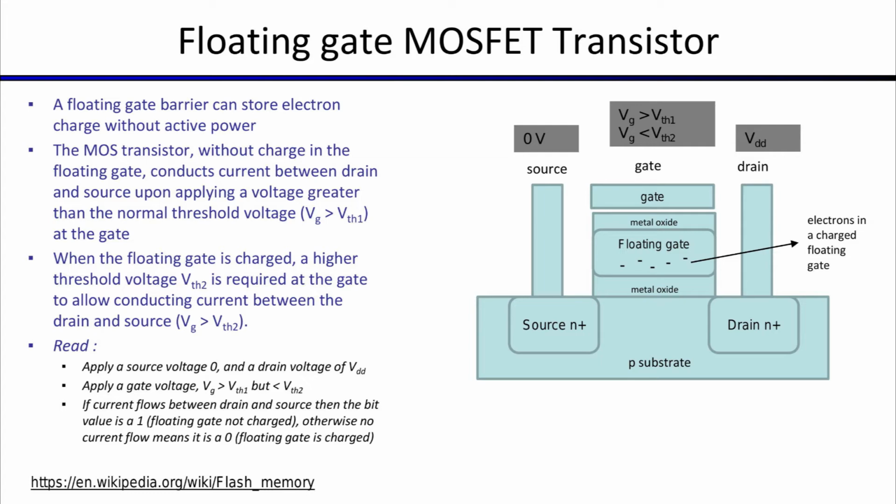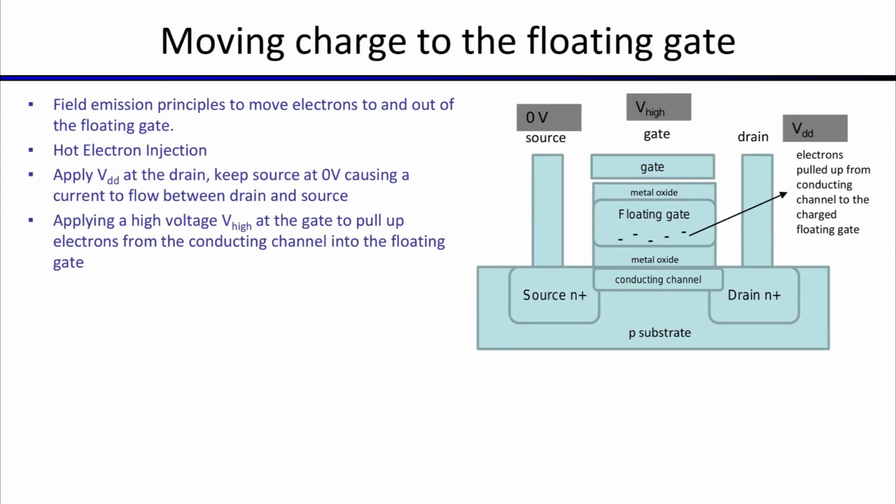So that's the reading, but how do you move charge into the floating gate? There are field emission principles used here, and hot electron injection is one of those. You basically create a conducting channel here between the source and the drain using normal techniques. You apply an electric field, put voltage VDD at the drain, and get the source to be 0 volts, and then apply a high voltage at the gate.